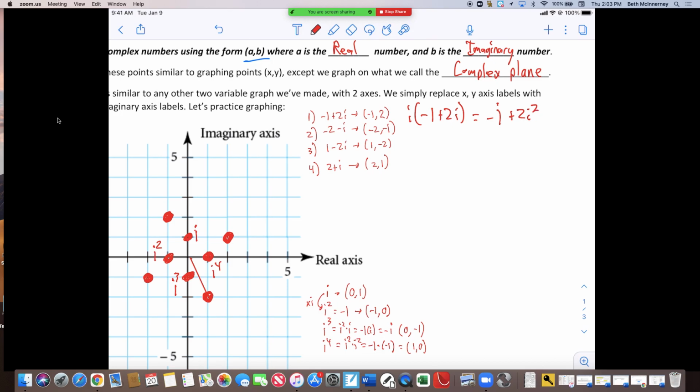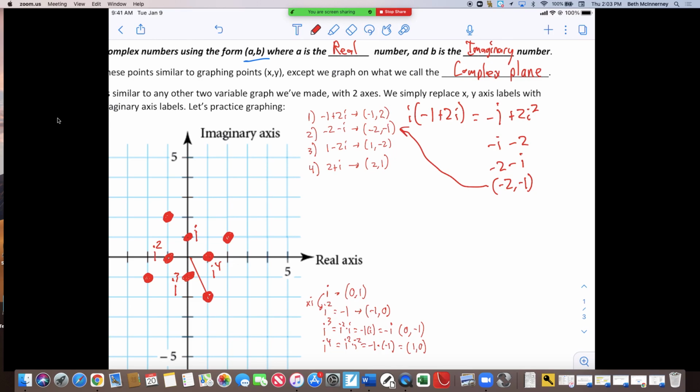And we know i squared turns into negative 1. We get negative i minus 2, or negative 2 minus i, put in our standard form. And if you look, we've already graphed this point. Negative 2, negative 1. That's point 2 right here.